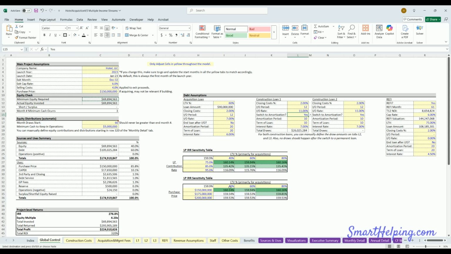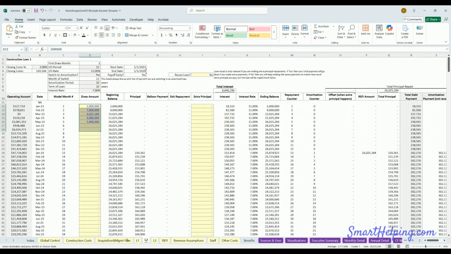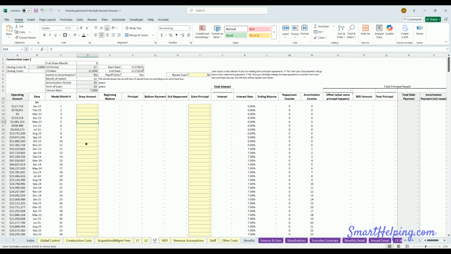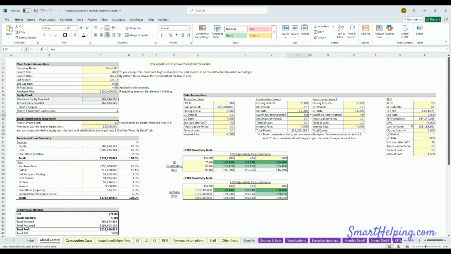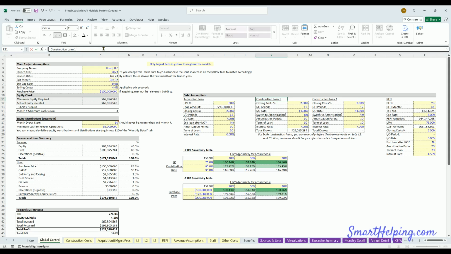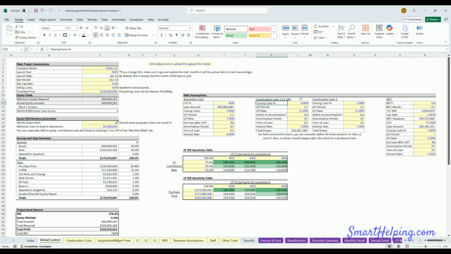The other thing you can do, so let's go to L3 here since we didn't use this construction loan. It doesn't have to be a construction loan. So if I go to L3 on the global control, which is construction loan 2, and I'm going to put L2 tab just so it's super clear.